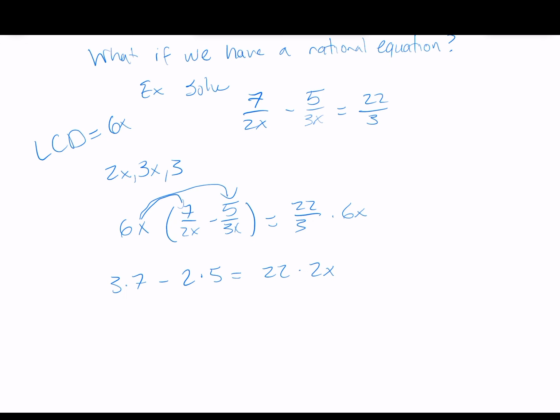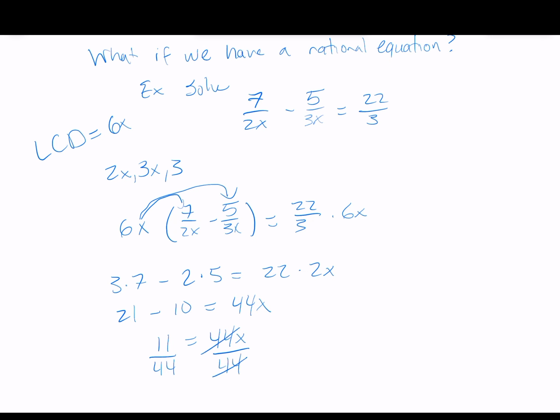So we can simplify both the left and right-hand sides. 7 times 3 is 21, minus 2 times 5 is 10, is equal to 22 times 2x, which is 44x. 21 minus 10 is 11, which is equal to 44x. We can divide both sides by 44 or multiply by 1 over 44.